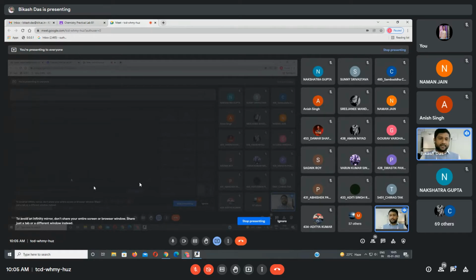The sequence is common: aim of the experiment, apparatus required, chemicals required, principle or theory, observation table, then graph, then calculation, then conclusion. Then write your roll number and name: on the first page, at the left corner, write your roll number and name, and on the graph, at the right corner write the units, and at the left corner your information, name, roll number, date.